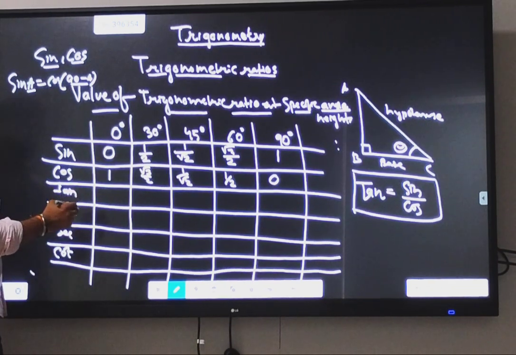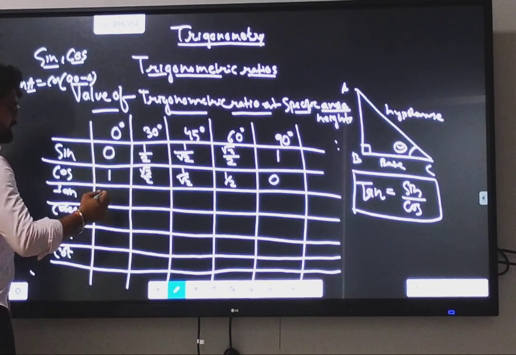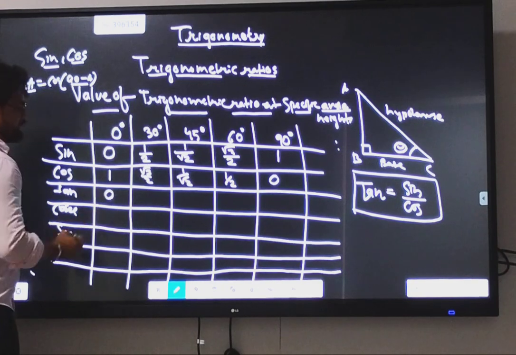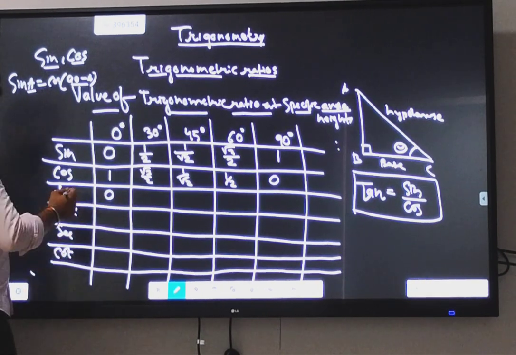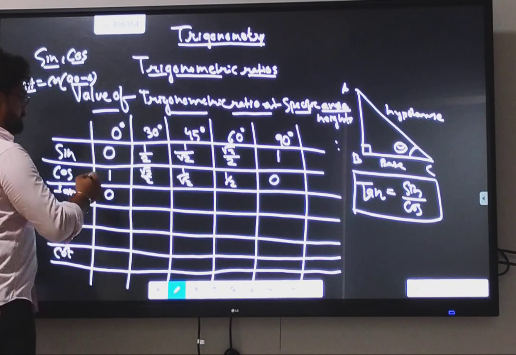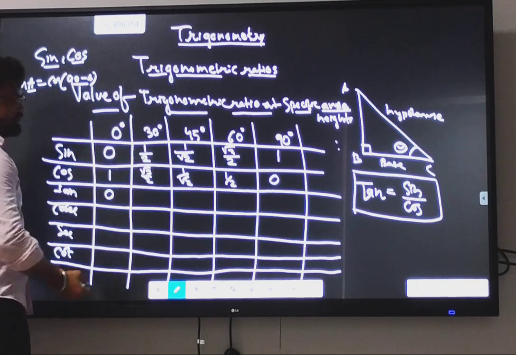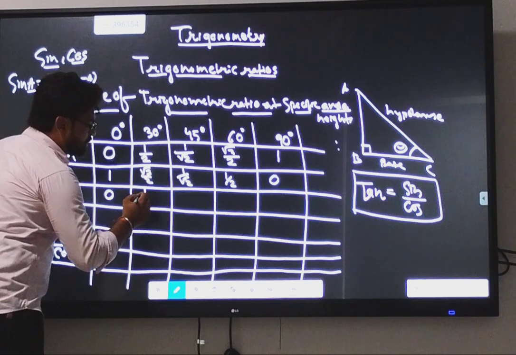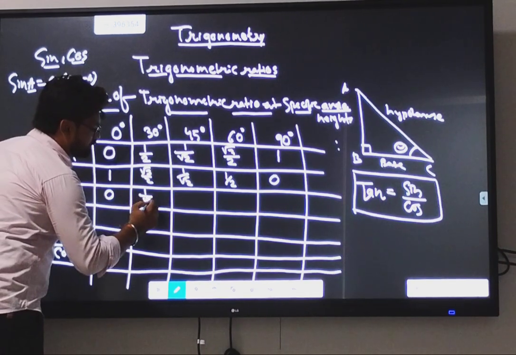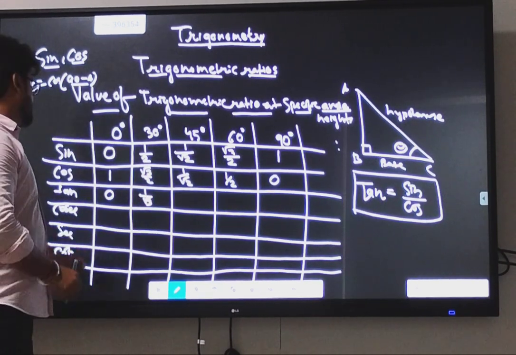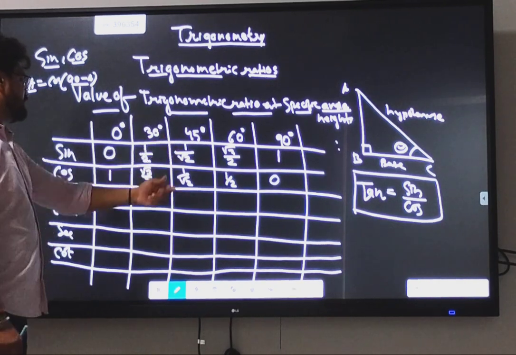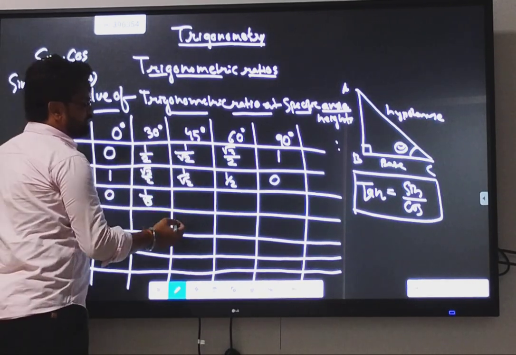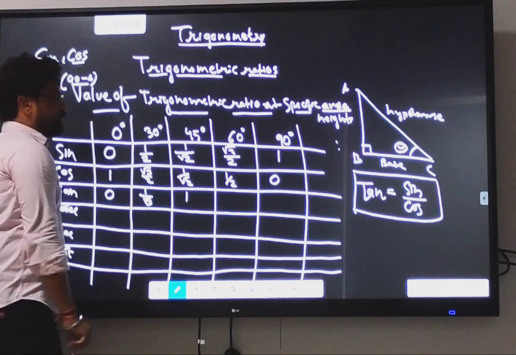So tan 0 will be equal to sine 0 upon cos 0. That is 0 upon 1, which is nothing but 0. Now we have tan 30, that is sine 30 upon cos 30, so that will become 1 upon root 3. And tan 45, that is sine 45 upon cos 45, so 1 upon root 2 upon 1 upon root 2, that will be 1.